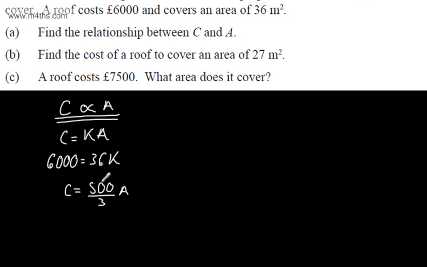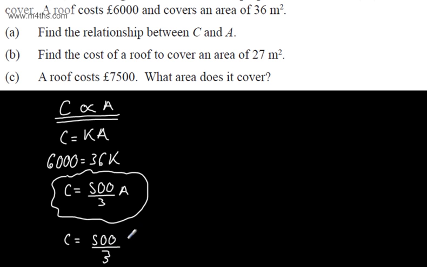So all we need to do now in part B, this is the relationship. So that's the relationship found. C is equal to 500 over 3A. We need to find the cost of a roof to cover an area of 27. So 27 is A. So C will be equal to 500 over 3 multiplied now by a value of A, which is 27.